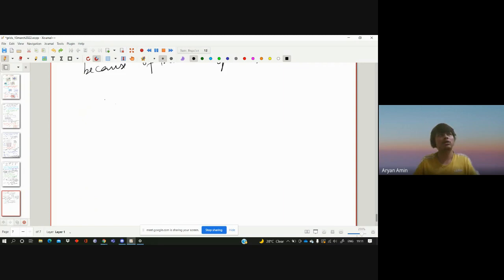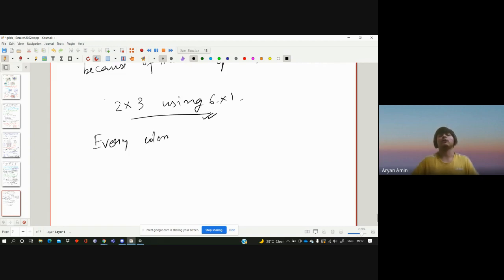Maybe a 2 cross 3 using 6. Every color occurs 2 cross 3 by 6 times, which is basically mn by k. Actually, let's do 3 cross 4, that's better. I'll need to use the eraser.